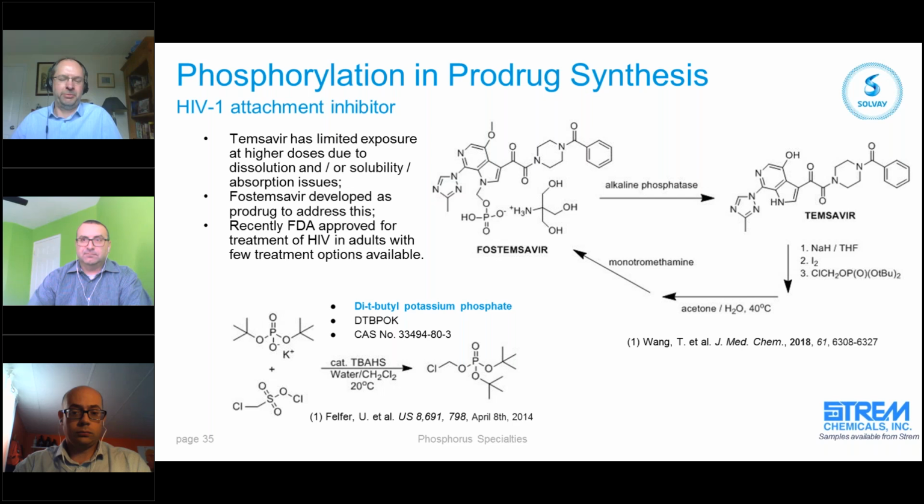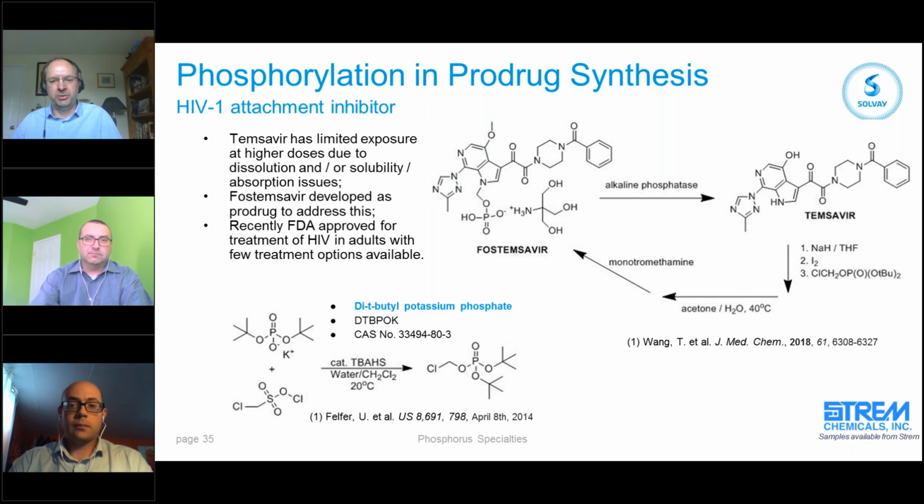So a synthetic route was developed to convert the temsavir to fostemsavir, which enables the higher dose to get to the required site in the body, and then that's converted back by the enzymes in the body to the actual temsavir.